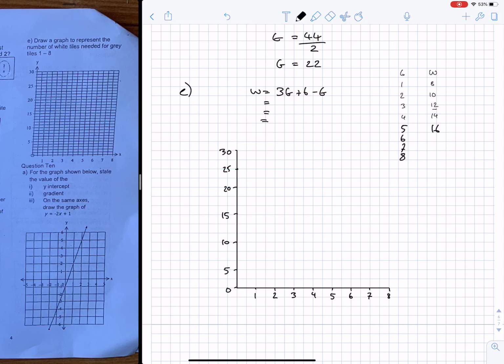If it was 6, 3 times 6 plus 6 minus 6, so these cancel out and they become 18. Then you've got 3 times 7 plus 6 minus 7, which equals 21 minus 1, which equals 20.